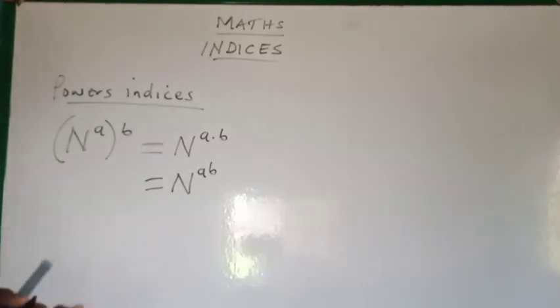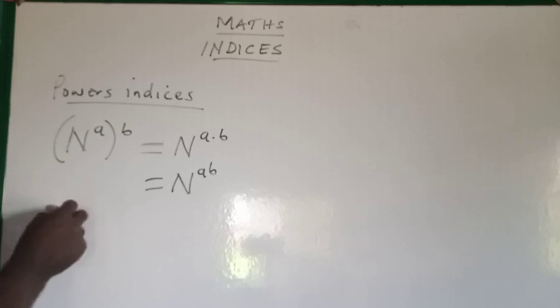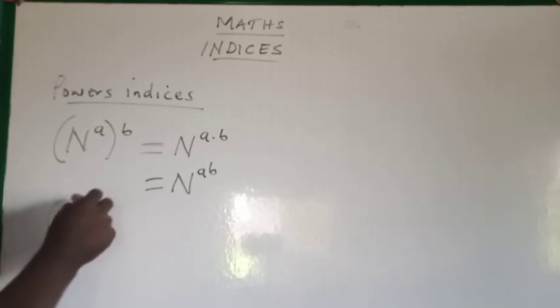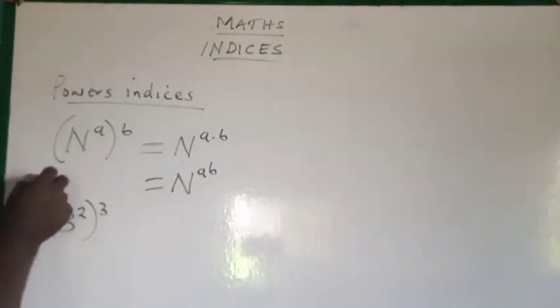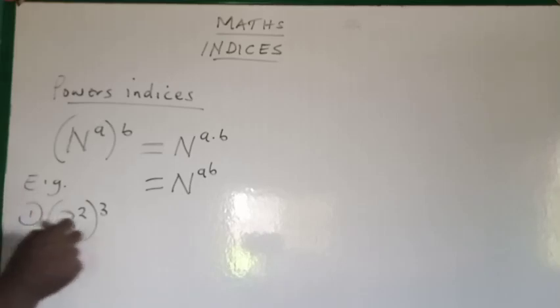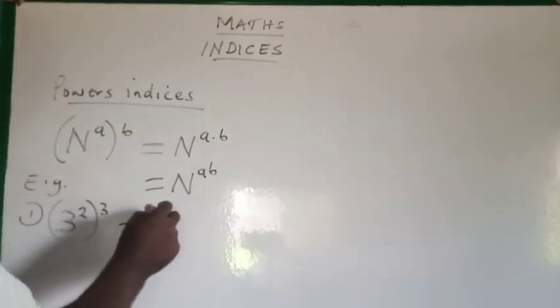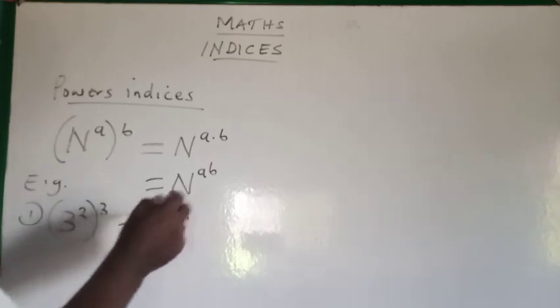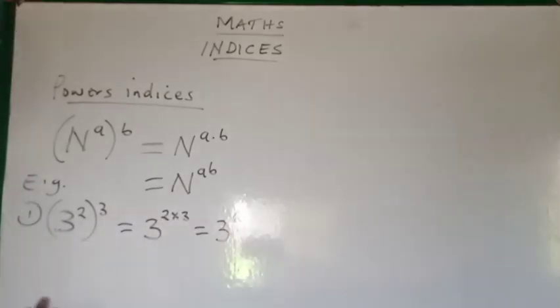Let us have this example. If I have 3 raised to power 2, all raised to power 3, the answer will be 3 raised to power 2 times 3, and that will be equal to 3 raised to power 6.